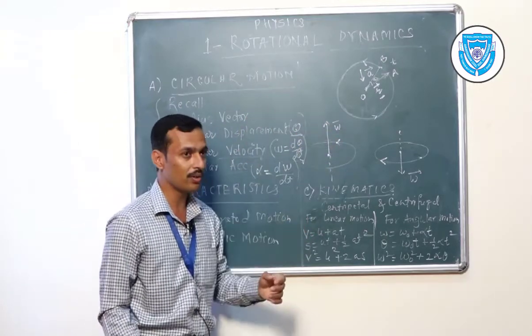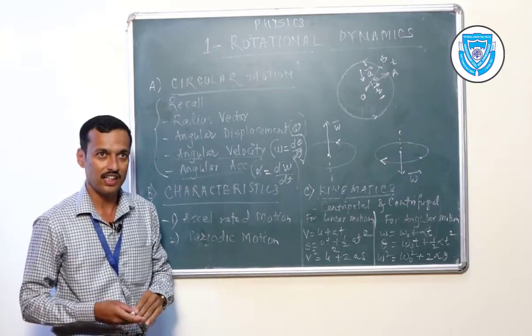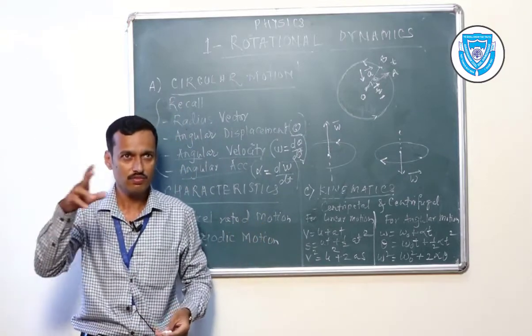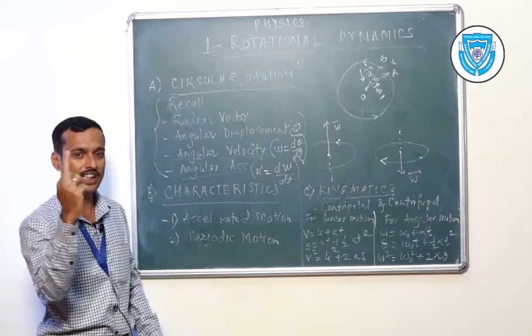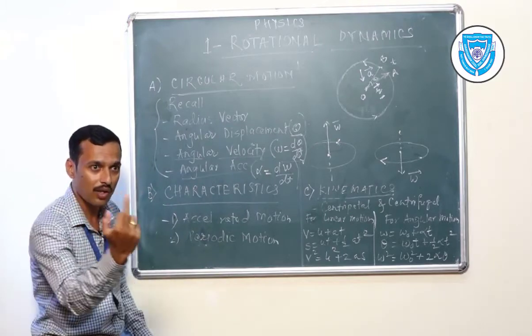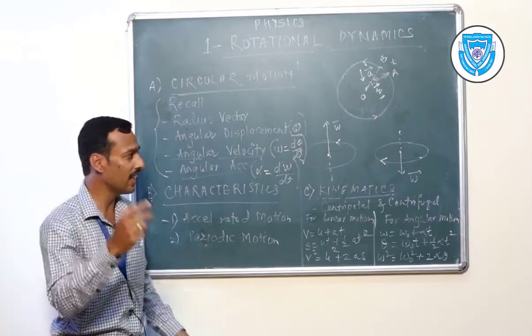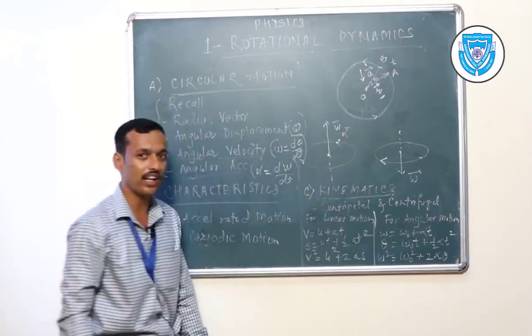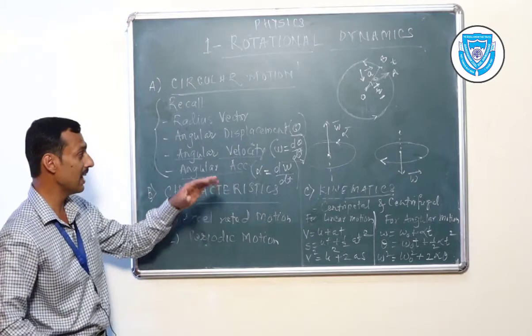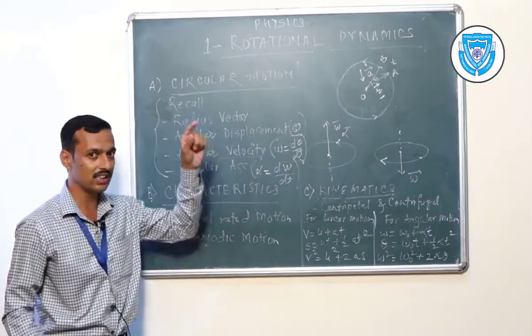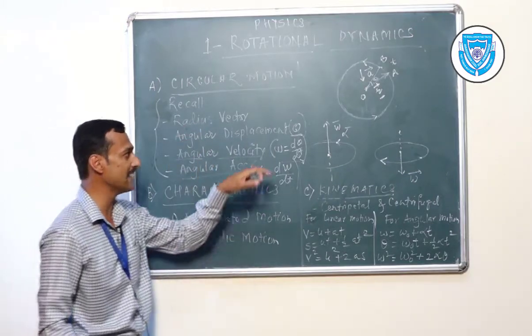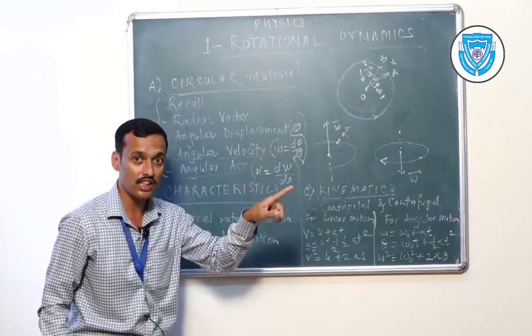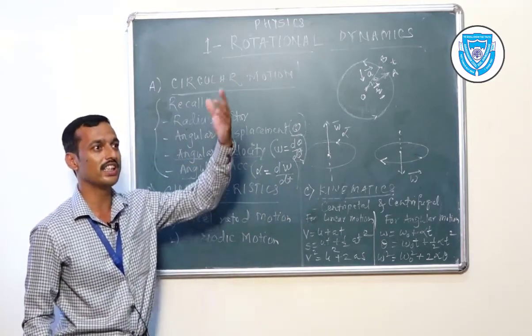For example, if I switch on the fan, the angular velocity is increasing. When the angular velocity is increasing, the direction of alpha is in the direction of angular velocity. So angular acceleration is in the same direction as the angular velocity when the angular velocity is increasing.